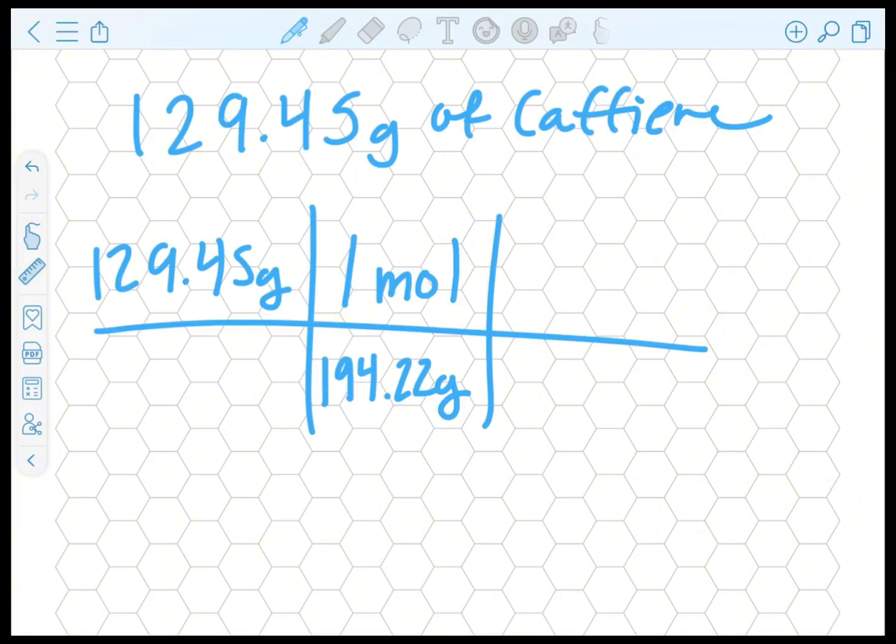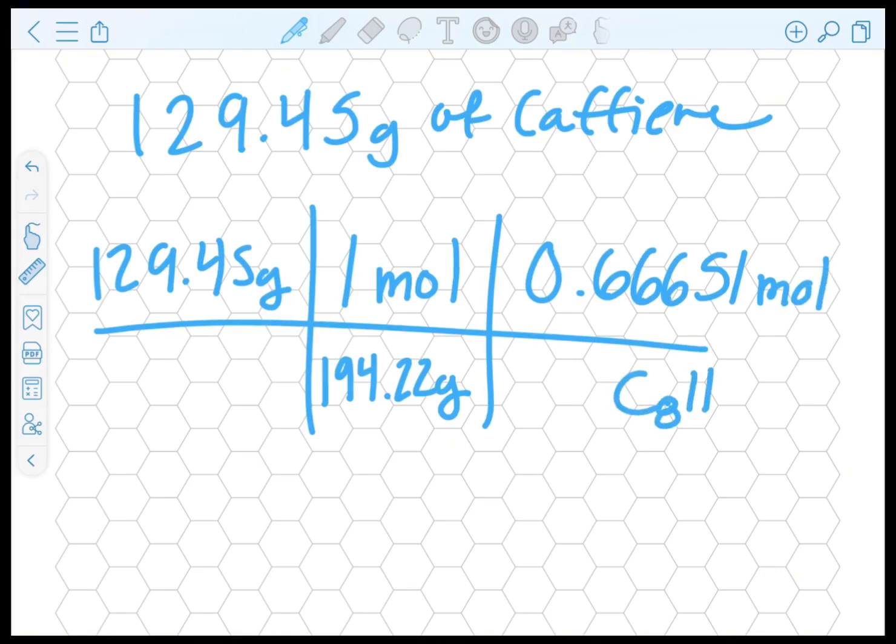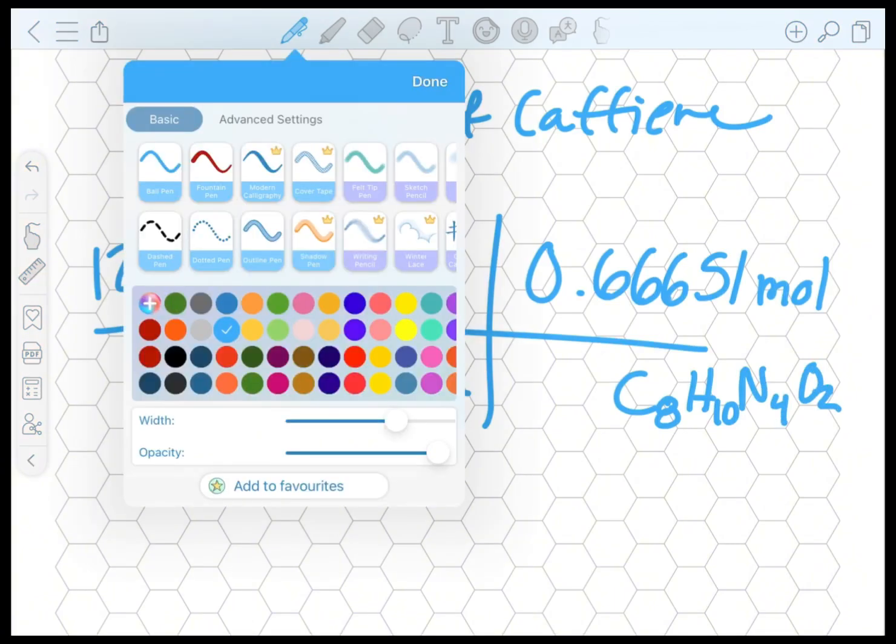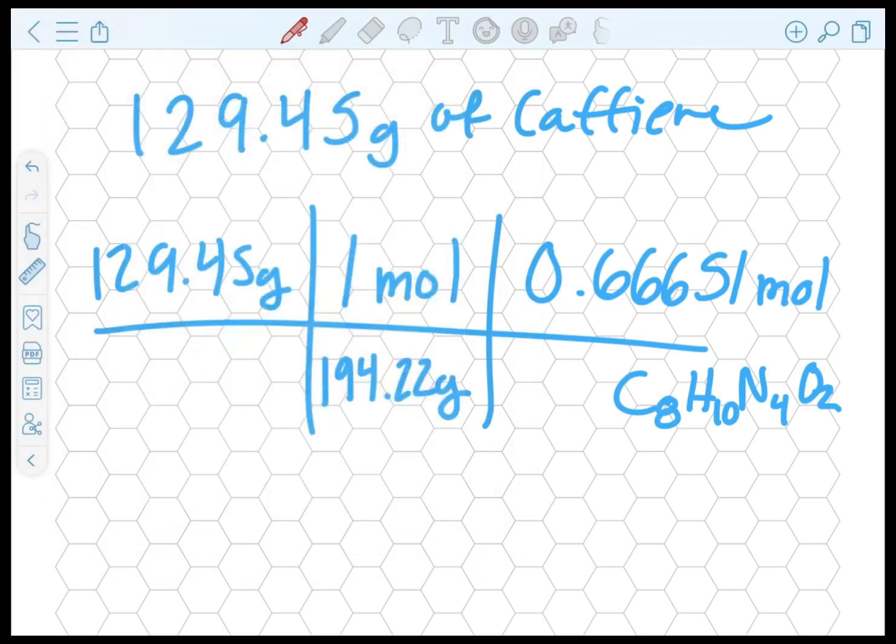And that comes out to about 0.66651 moles of caffeine. So 129.45 grams of caffeine is 0.66651 moles of caffeine. And I did 5 sig figs because we have 5 sig figs in our initial conversion factors.